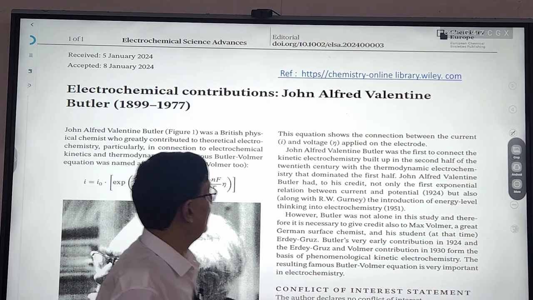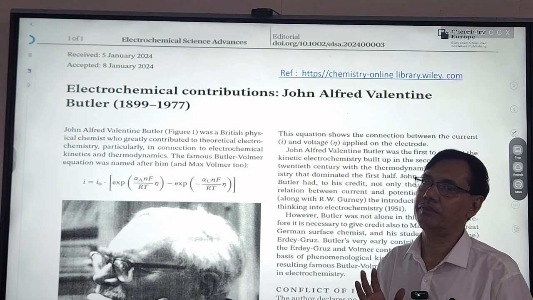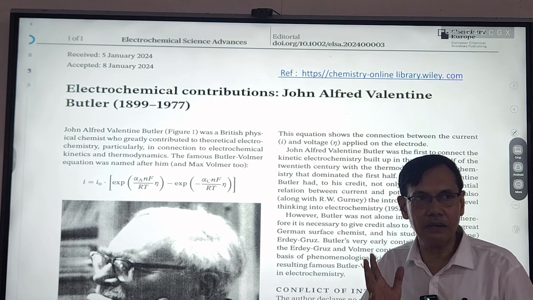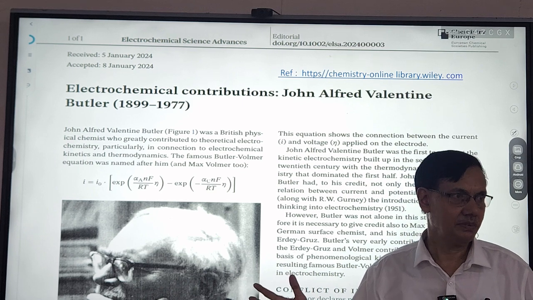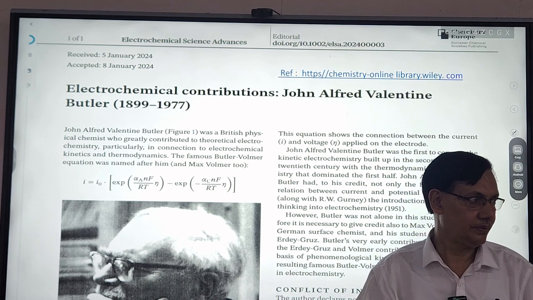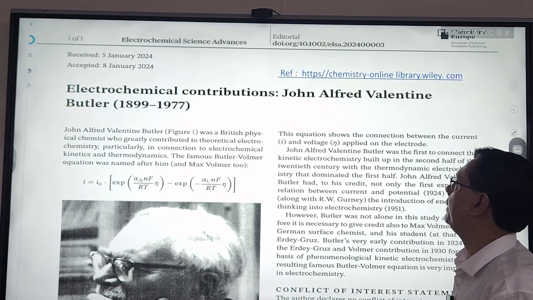And as you know, a name itself is always a definition. So quite naturally it is Butler Volmer, which means there are 2 scientists who contributed, and therefore it is called the Butler Volmer equation.